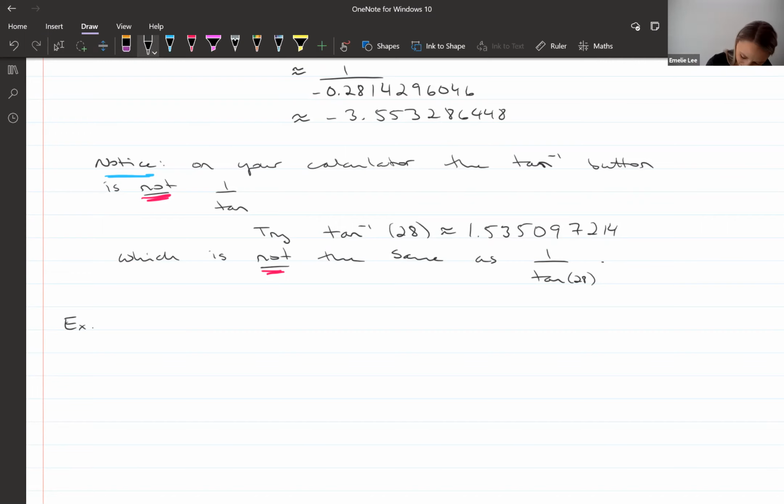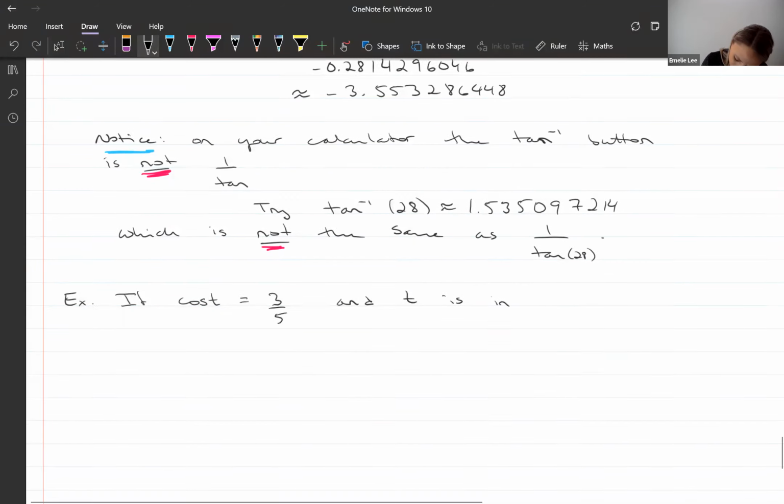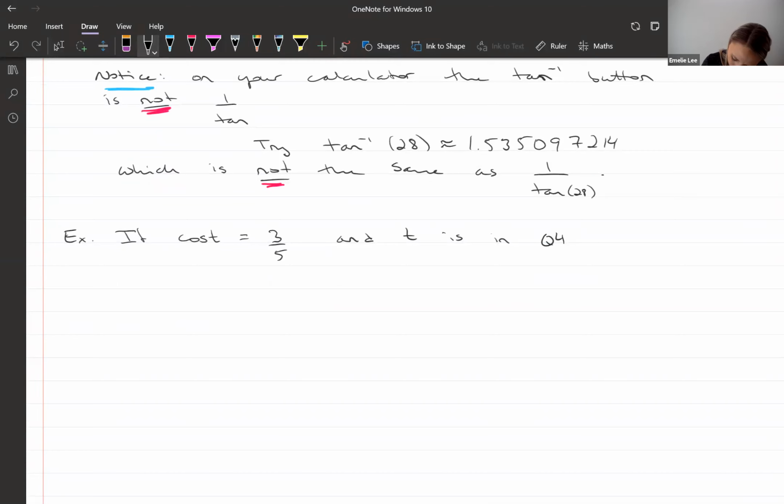So if I tell you, if the cos of t is 3 over 5 and t is in quadrant 4, find the values of all trig functions at t.